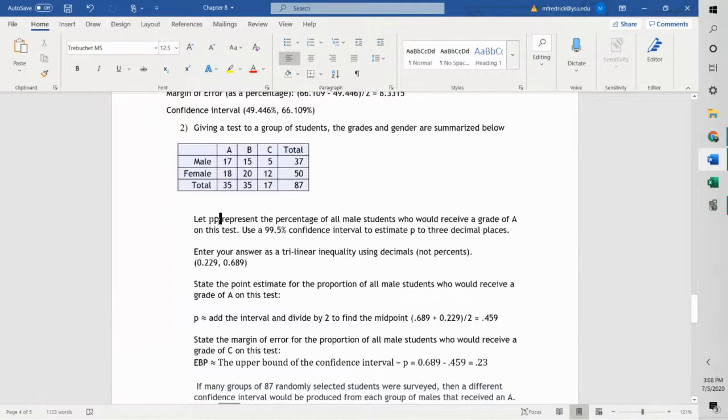Let P represent the percentage of all male students who would receive an A on this test using a 99.5% confidence interval to estimate P to 3 decimal places.